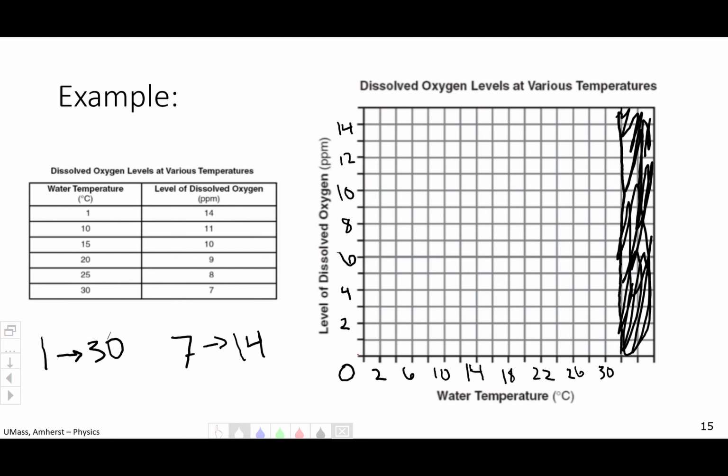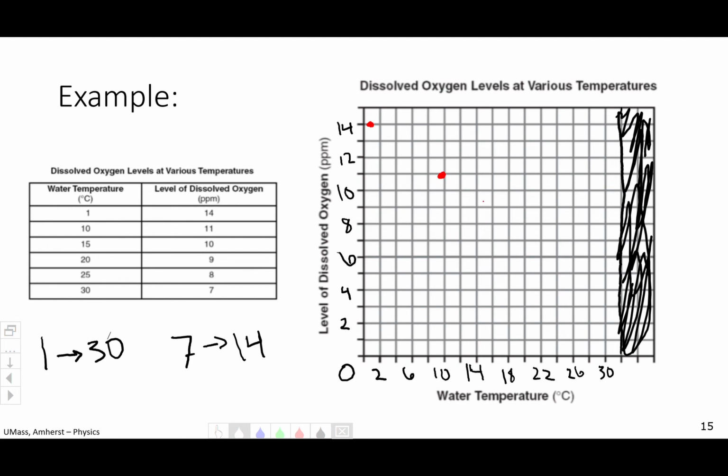We're at 4, 14. That goes up here. Okay, 10, 11. So 10 up to 11. We've got 15, 10.